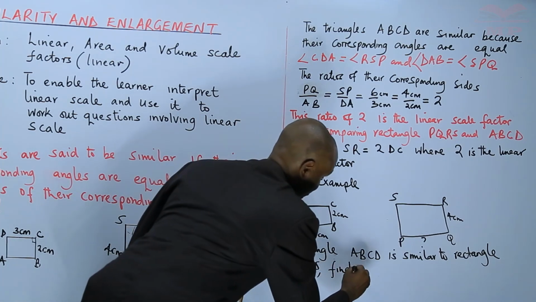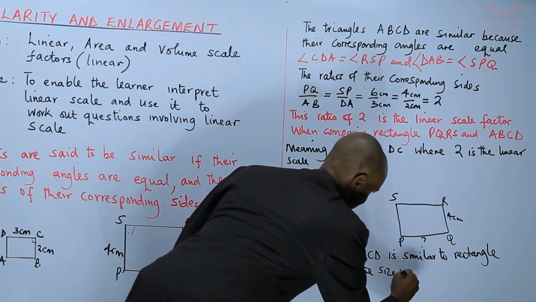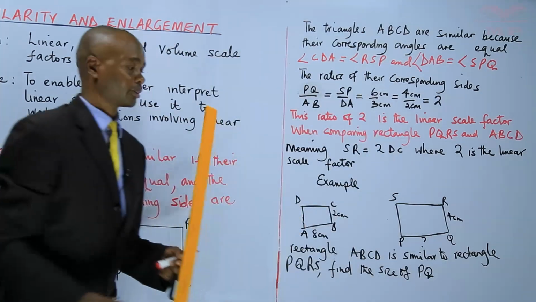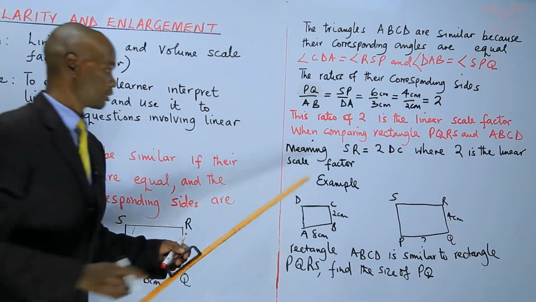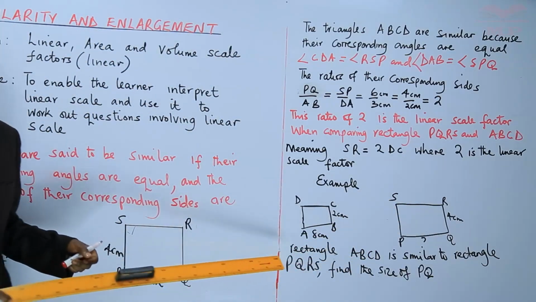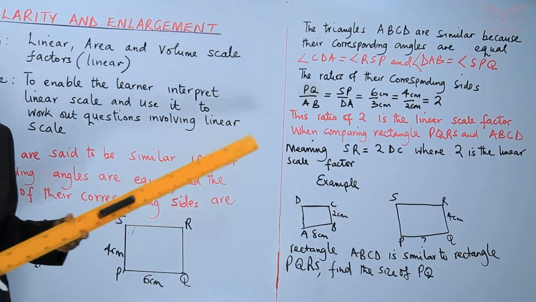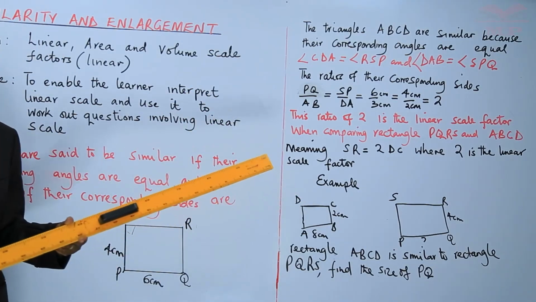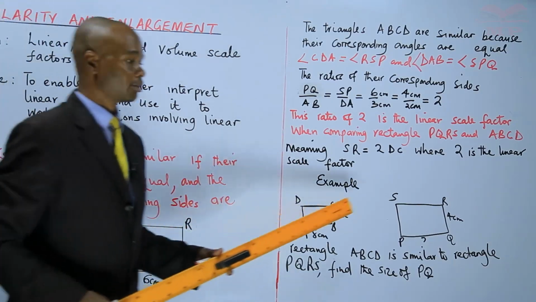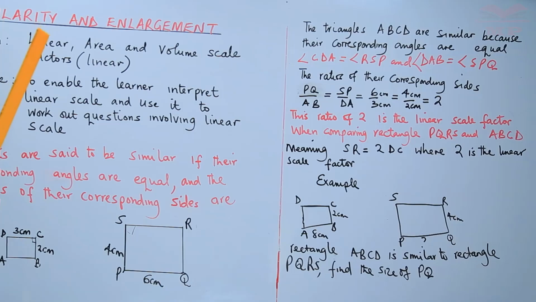Find the size of PQ. These two rectangles are actually similar, so they're asking you to find the size of PQ using the linear scale factor, which happens to be the ratio of their corresponding sides. So we'll move to the solution.